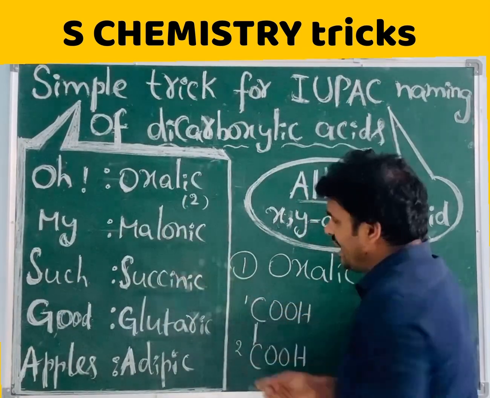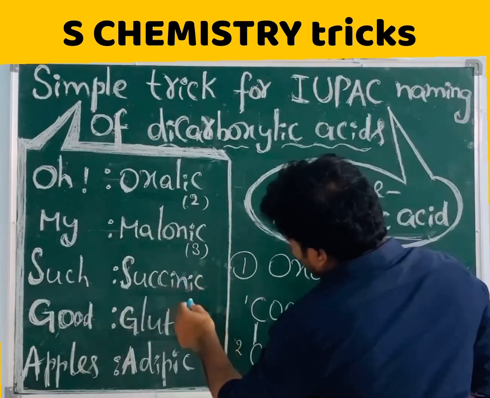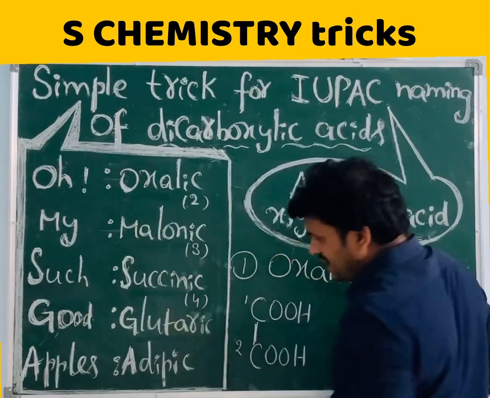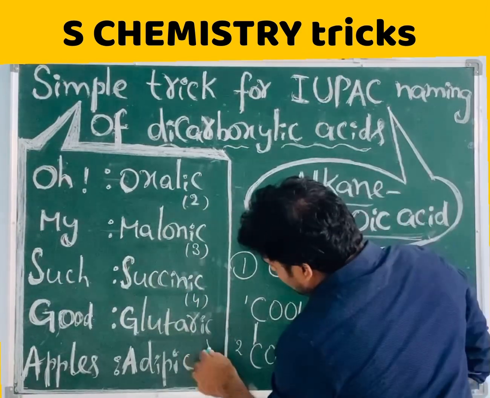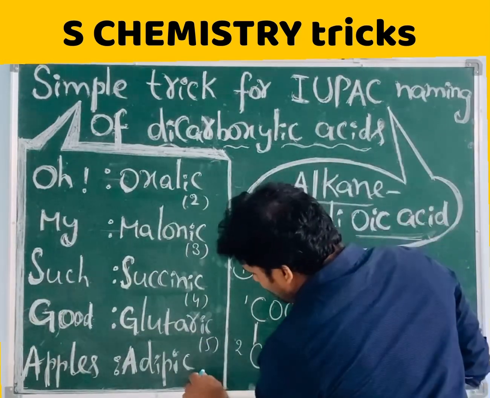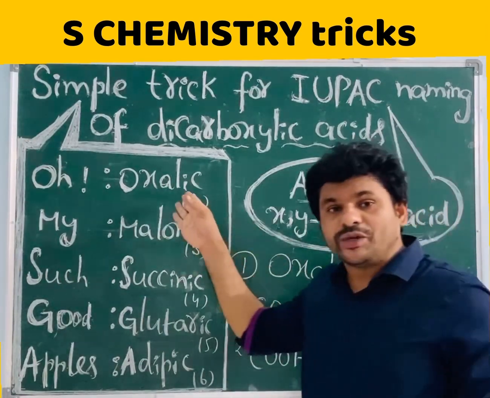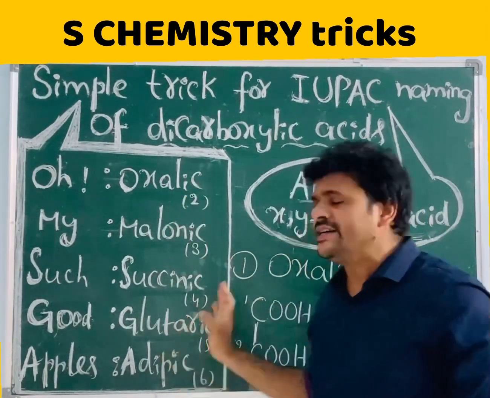Malonic acid indicates a 3-carbon dicarboxylic acid, succinic acid indicates a 4-carbon dicarboxylic acid, glutaric acid indicates a 5-carbon dicarboxylic acid, and adipic acid indicates a 6-carbon dicarboxylic acid. So that is the difference between these 5 dicarboxylic acids.